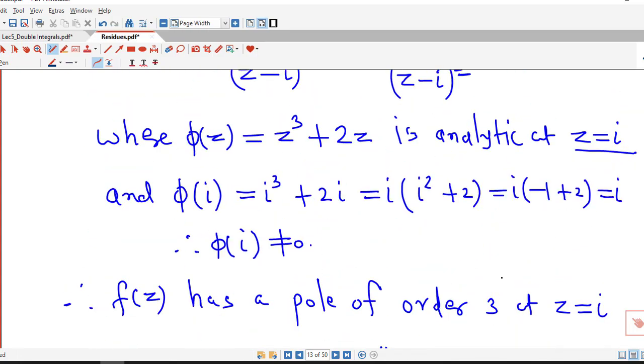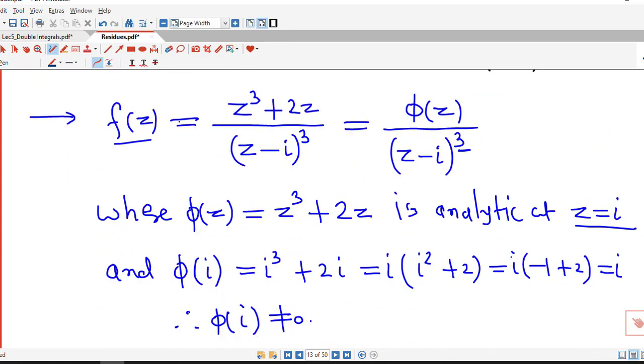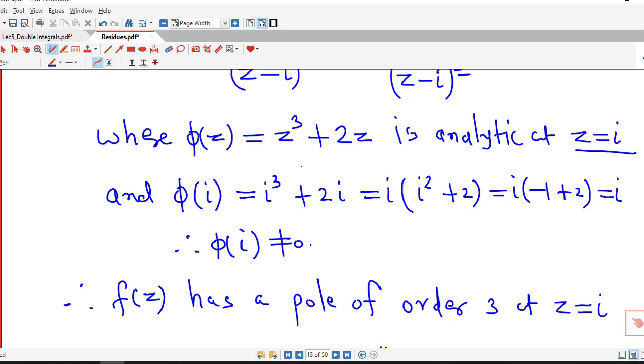So we have to calculate derivatives of phi of z. So phi of z is z cube plus 2z.